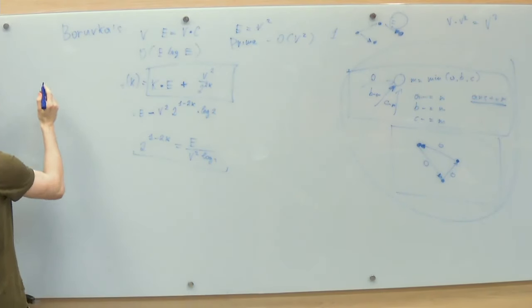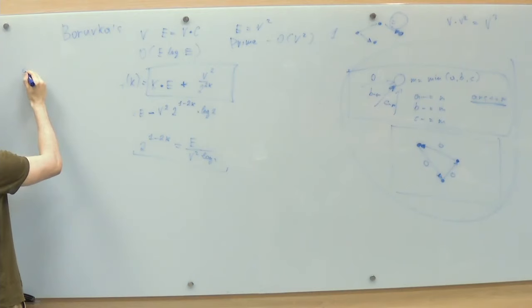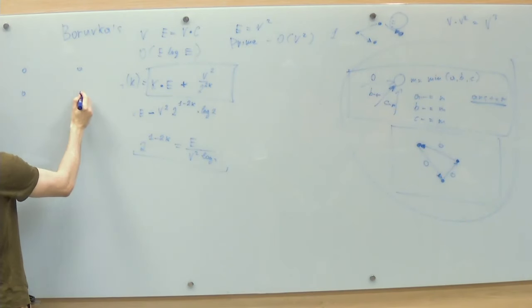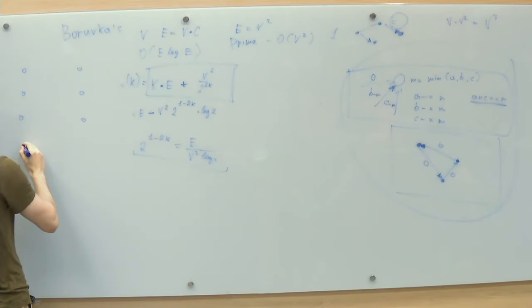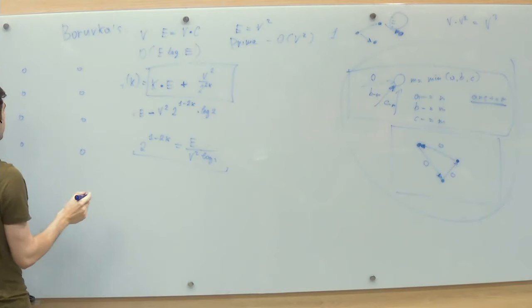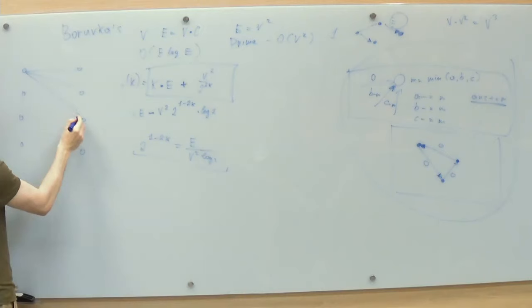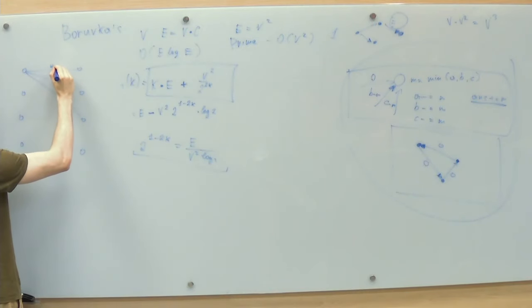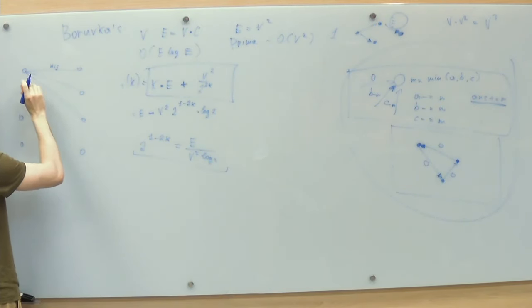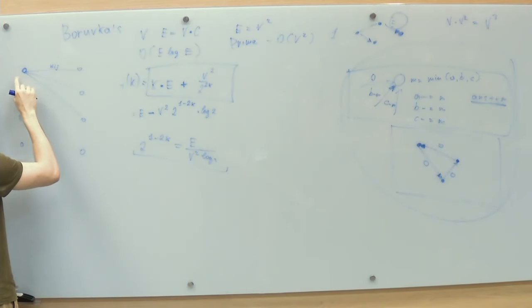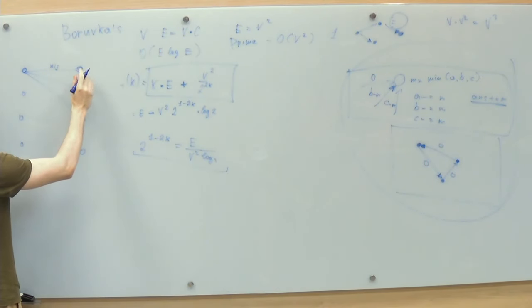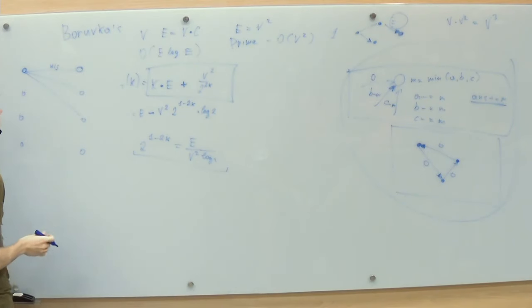The problem for the Hungarian algorithm: we have a bipartite graph, and it's complete. So for each pair of vertices, we know the weight of matching one of the vertices from the first part with a vertex in the second part.